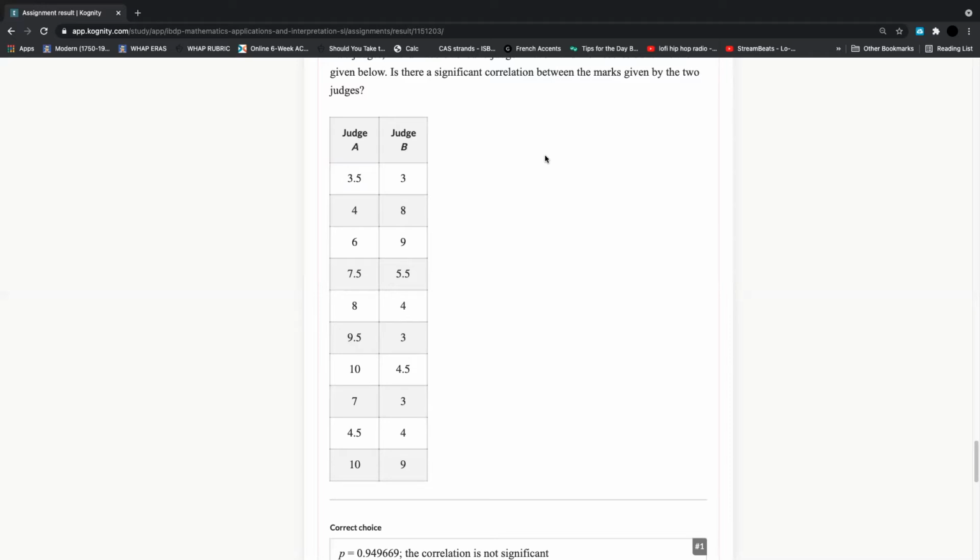Okay, so after you put your L1 and L2 in, or whatever columns you choose, quit and then go to stat and then go to test and go all the way down to F, which is linear regression t-test. I had the TI-84, so I'm not sure how it appears on your calculator if you don't have it, but that's how it appears on mine.